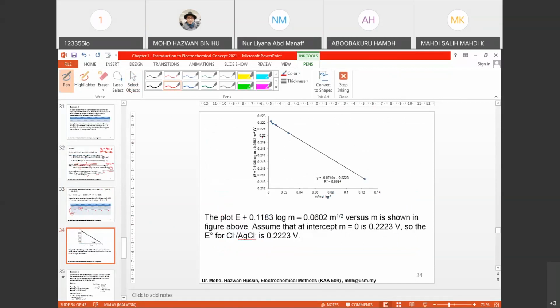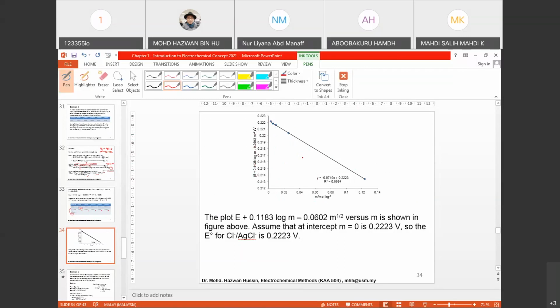This is the y-axis, E plus 0.1183 log m minus 0.0602 m to the power of half, versus concentration in molality. So you will have a negative linear plot, and then from here you will calculate the slope.